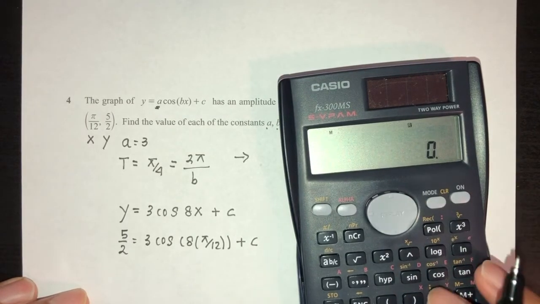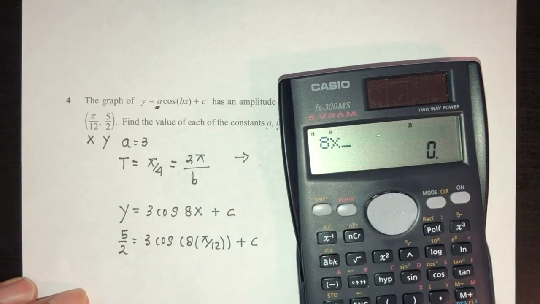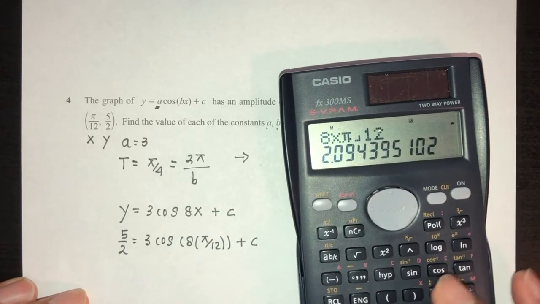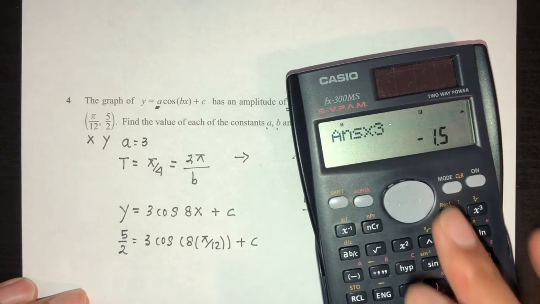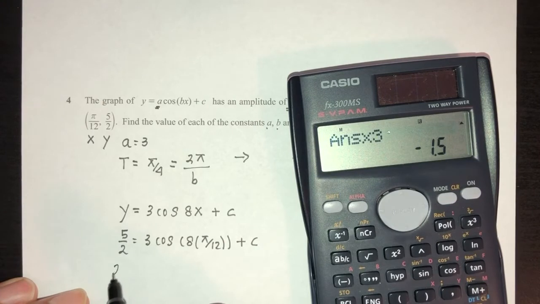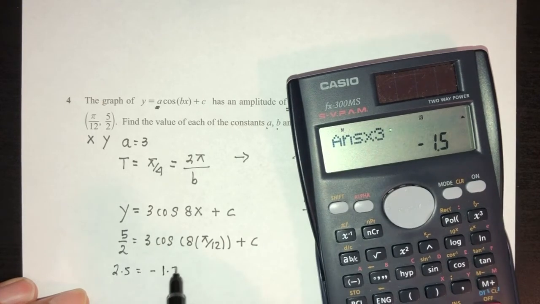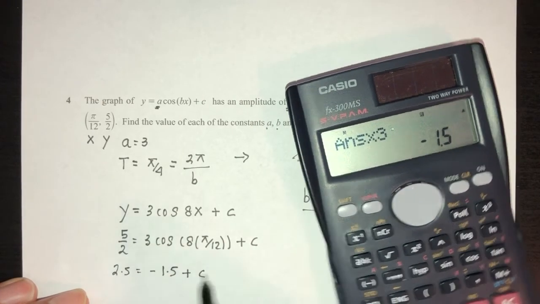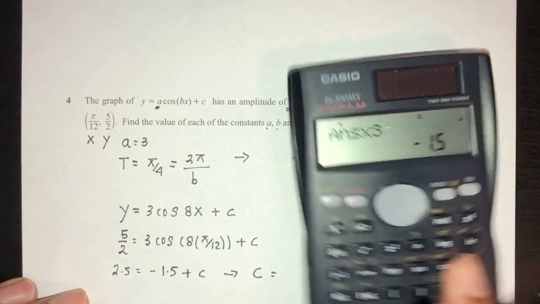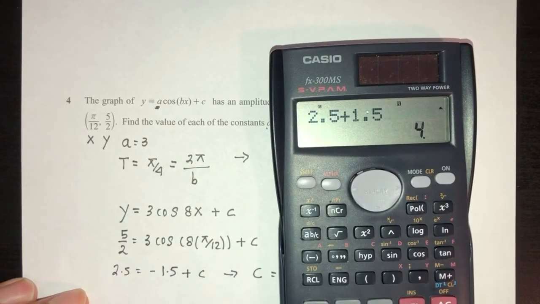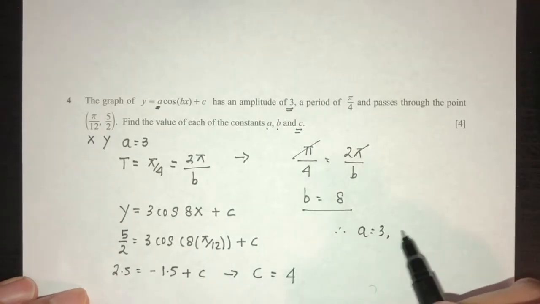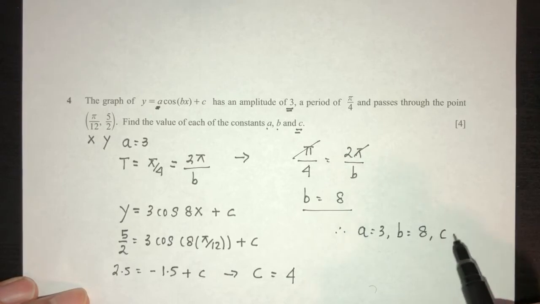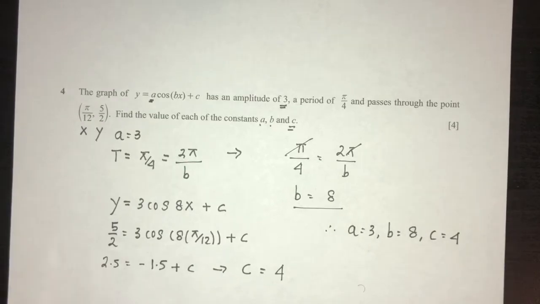Mode is radians, so 8 times pi over 12, cos of that value, times 3 will be this. So basically now we have 2.5 equal to minus 1.5 plus c. So from this we have c is equal to 2.5 plus 1.5, that should be 4. Okay, so that's it. Your value of a is 3, value of b is 8, and value of c is 4.